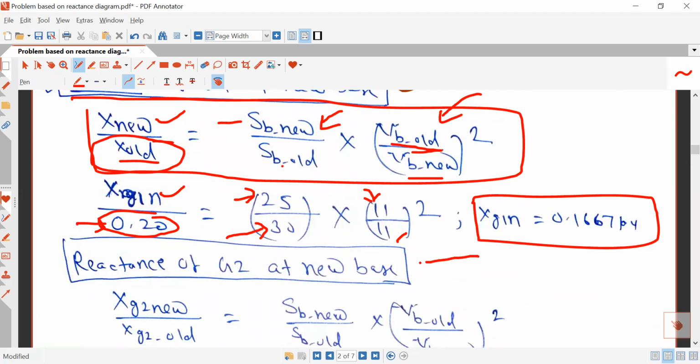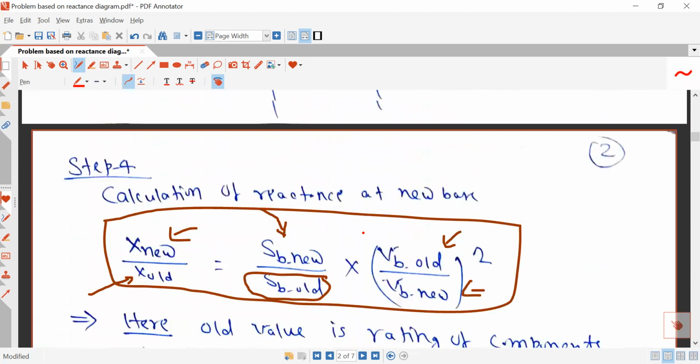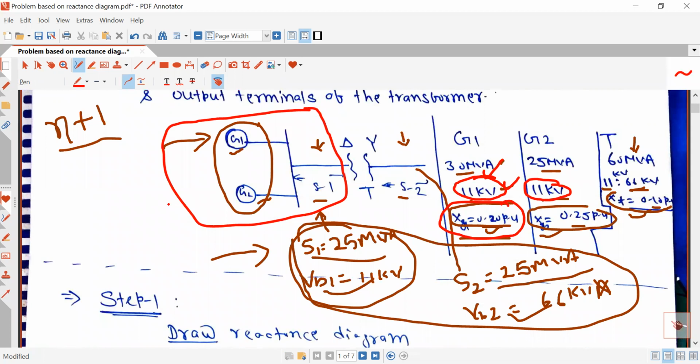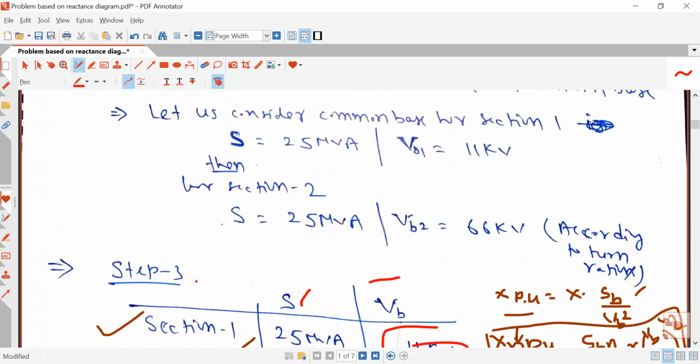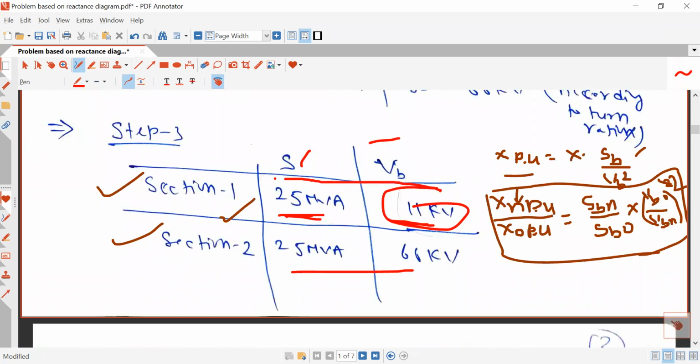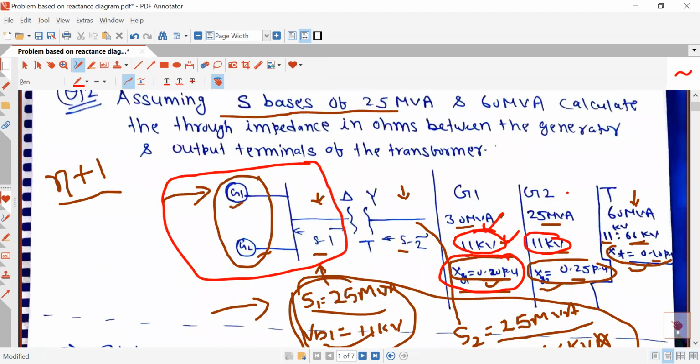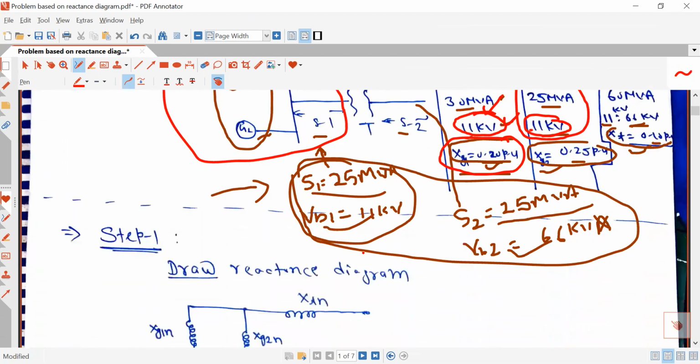Similarly, I am going to calculate the reactance of generator 2 at the new base. Generator 2 is also a part of section 1, and you must remember the base value for section 1. This is the new value, this is SB new, and this is VB new. And what will be the old value? The old value is the rating of generator 2. This is SB old and this one is VB old.